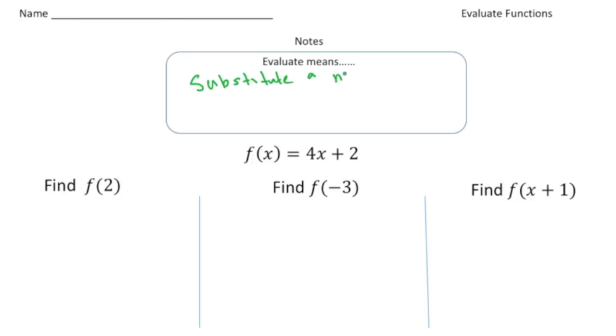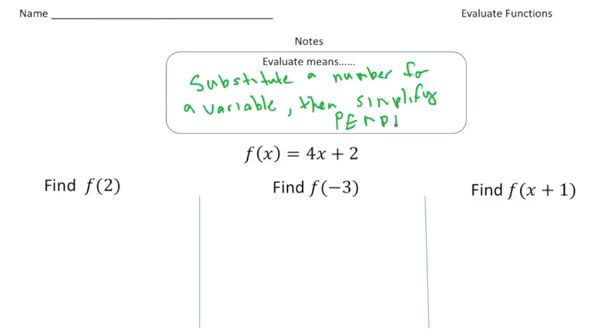And remember, when you simplify expressions, you need to always follow the order of operations. Always, always, always. Let's take a look at three examples here.